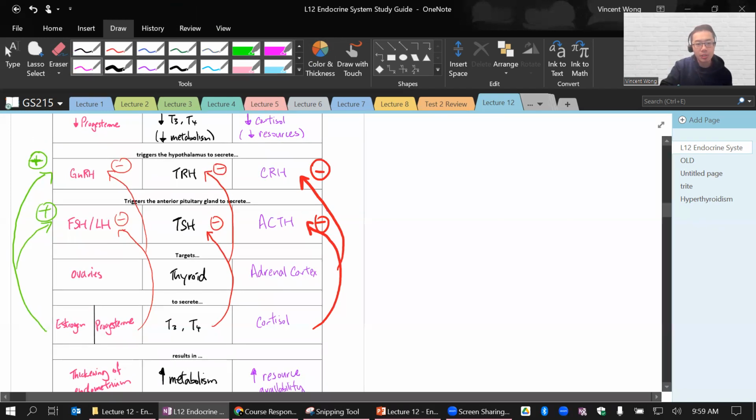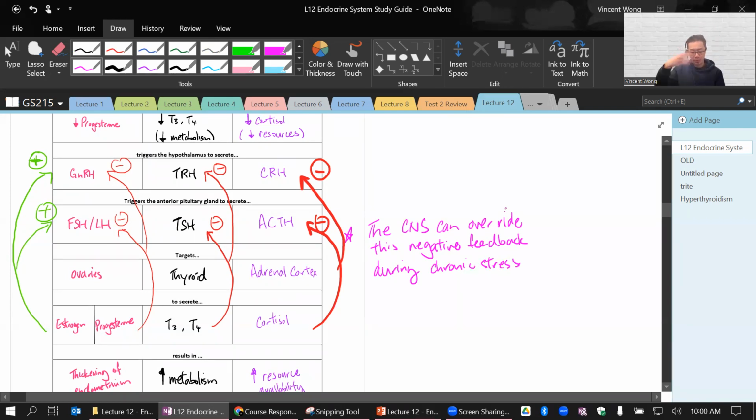Okay, but there's a catch here. Let me just put a star here. The CNS, the central nervous system, can override this negative feedback during chronic stress.